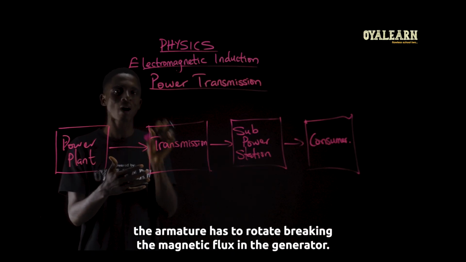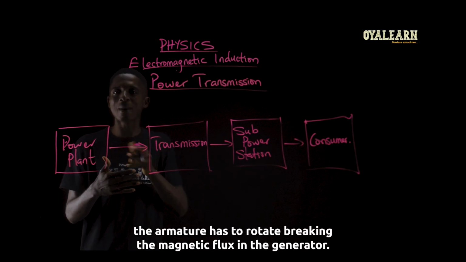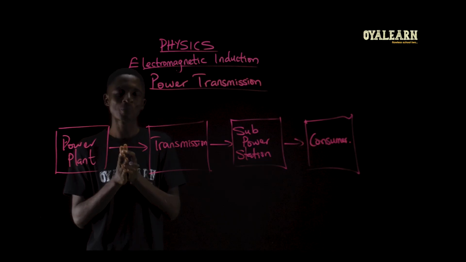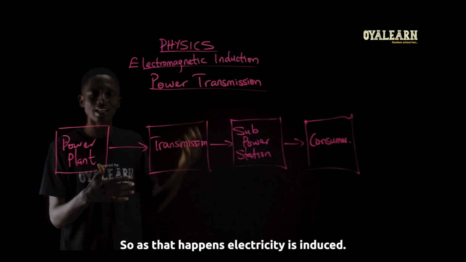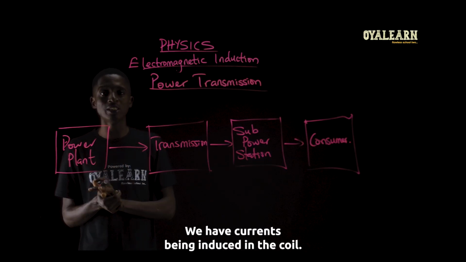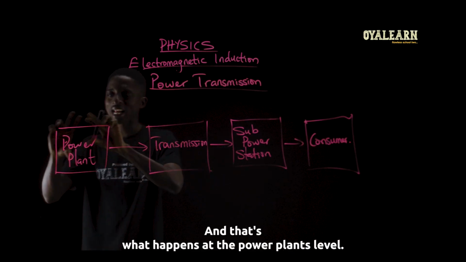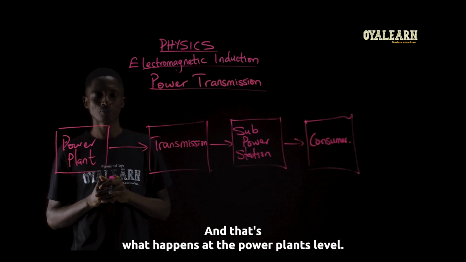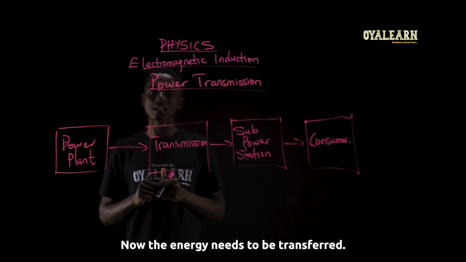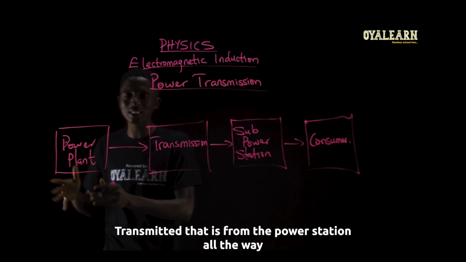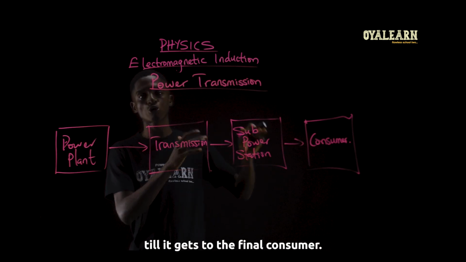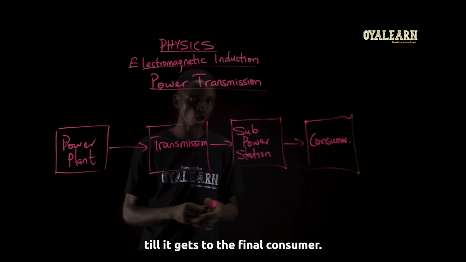Now, remember, the armature has to rotate, breaking the magnetic flux in the generator. So as that happens, electricity is induced. We have current being induced in the coil, and then you can begin to transmit this energy. And that's what happens at the power plant level. Now, the energy needs to be transmitted. That is from the power station all the way till it gets to the final consumer.